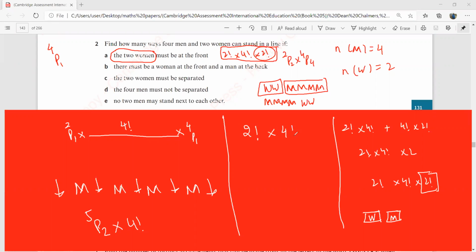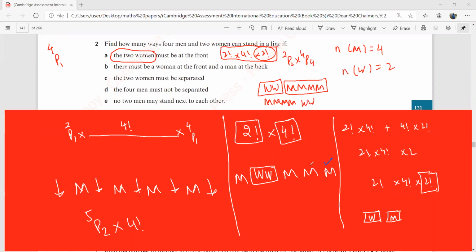When you're saying 2 factorial into 4 factorial, that means you're keeping the two women together. You're keeping the 4 men together as well. Now let's keep these two women together. We tie them with a rope. You are going to be together wherever you go. Then there are 4 men, and these 4 men can be anywhere. So now we have how many objects to permute?